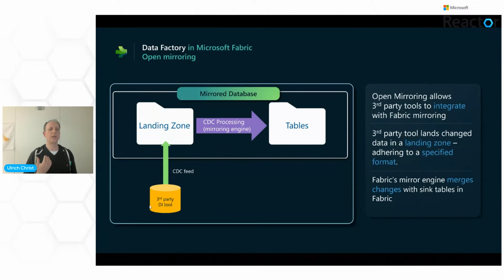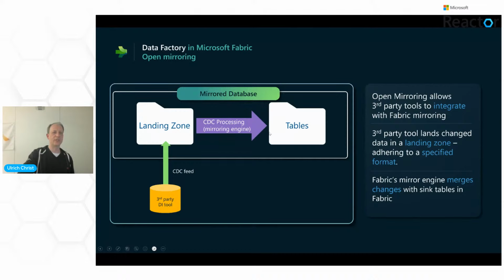And with open mirroring, the new kid on the block, so to speak, we're opening this up to third-party tools as well to integrate with our mirroring engine. You see the slide has slightly changed. The diagram here on the left-hand side is a little bit different. Change data or initial snapshots go into a landing zone.